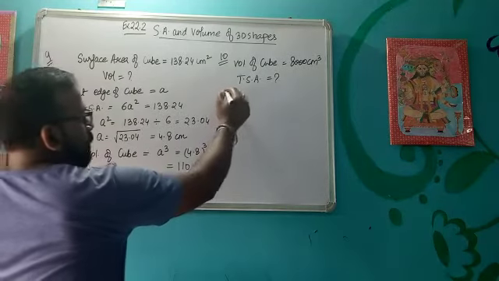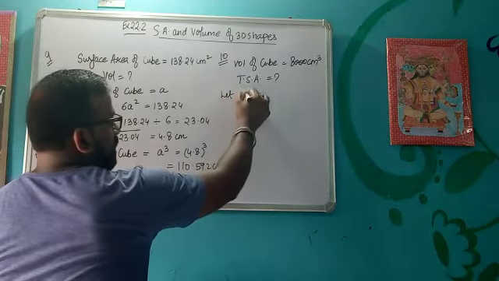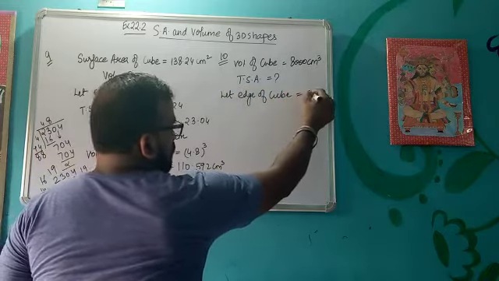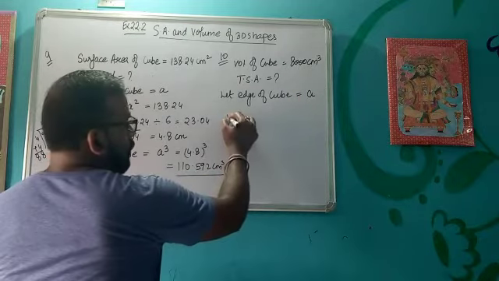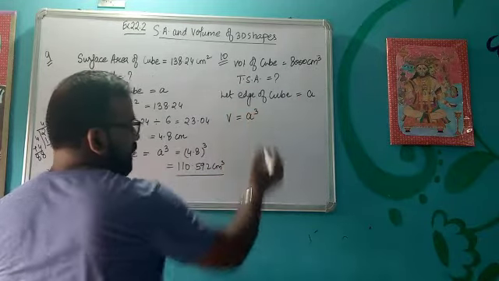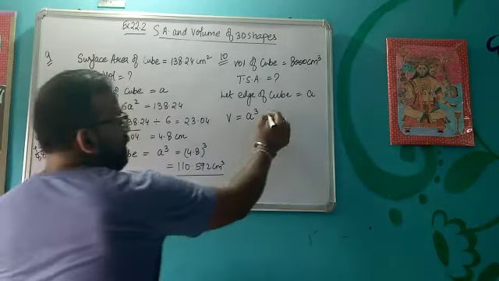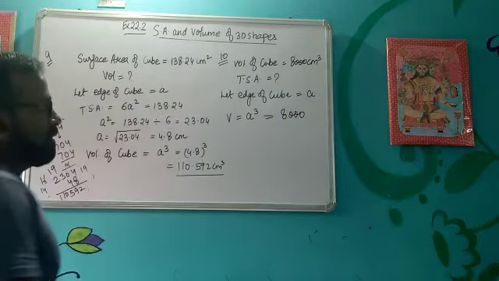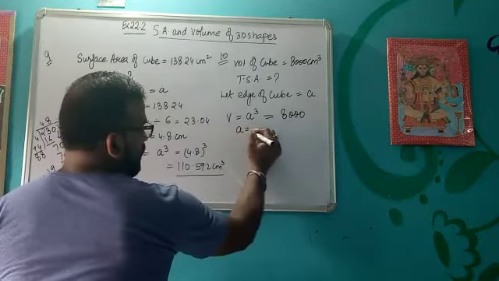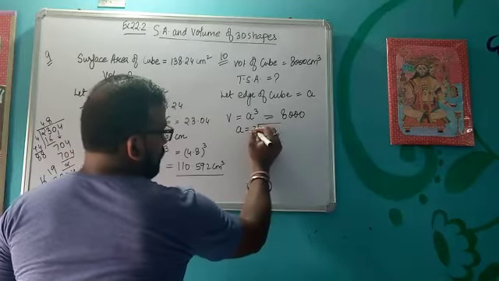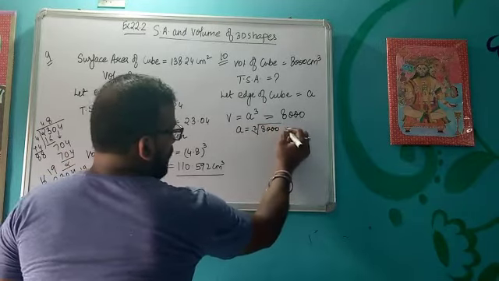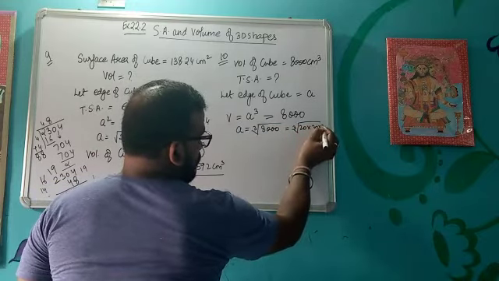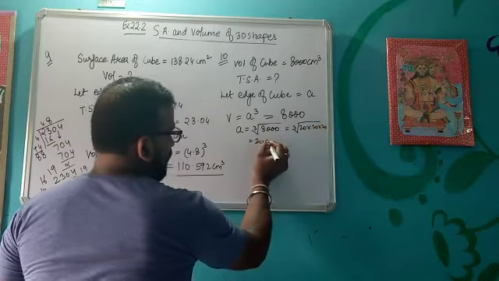So what we are going to do, again we will assume let edge of cube be equal to A. So what we know, volume is A cube, and this A cube is given as 8000. So we will take the cube root of 8000, and that we can write as 20 into 20 into 20, so it is 20 centimeter.